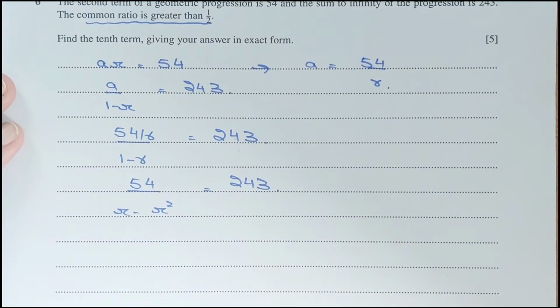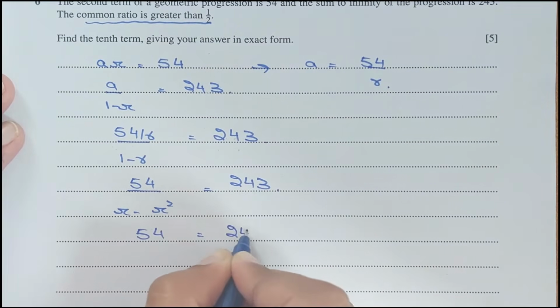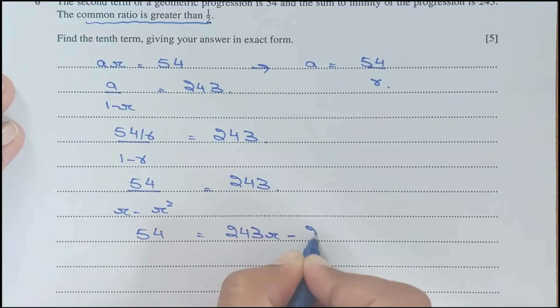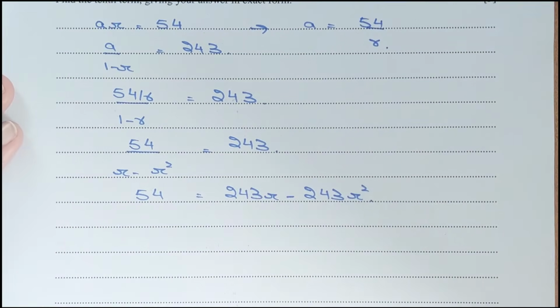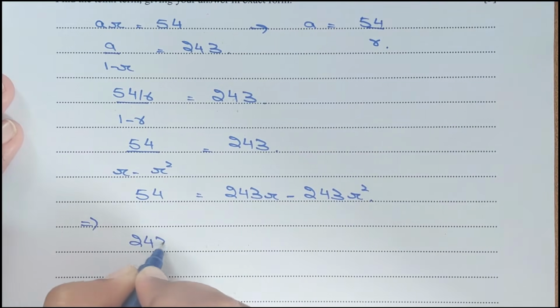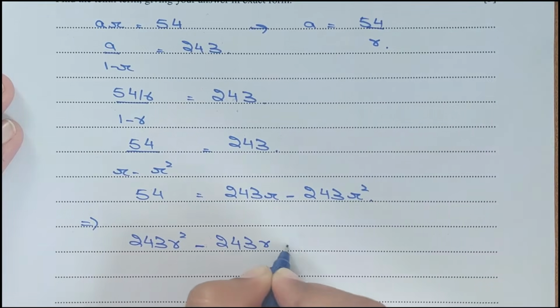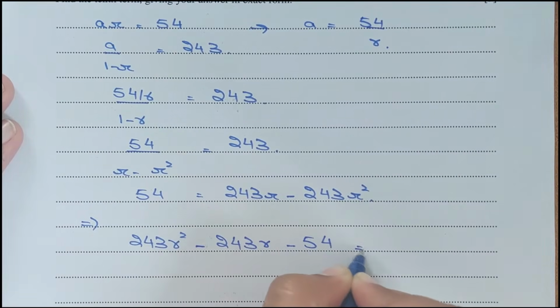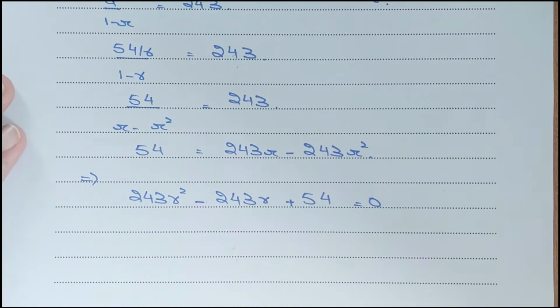And let me do the cross multiplication. 54 equals 243r minus 243r square, right? Shifting all the terms to the left side, this will give me 243r square minus 243r minus 54. This would be equal to 0. This is plus 54 already on this side, right?